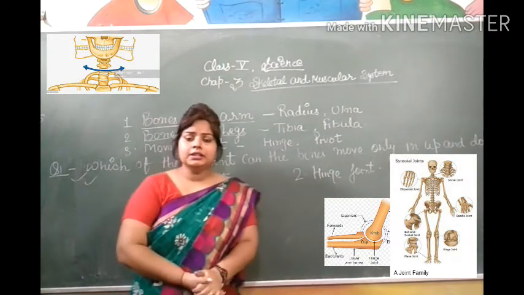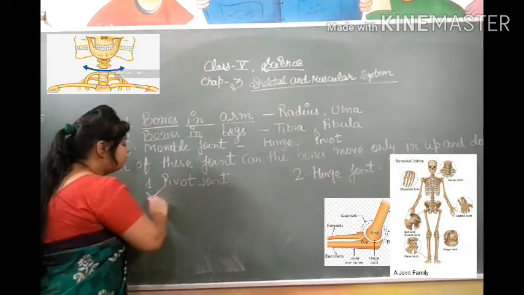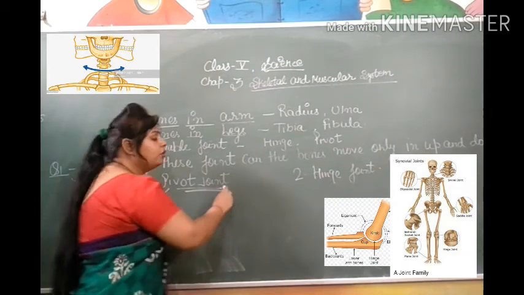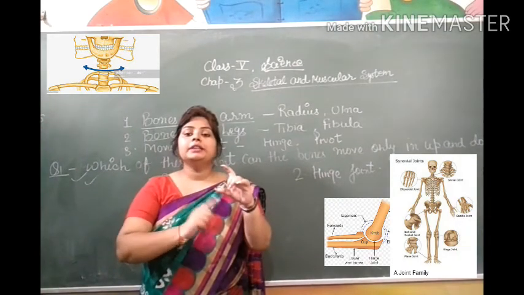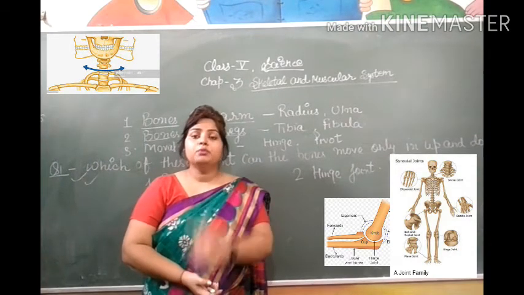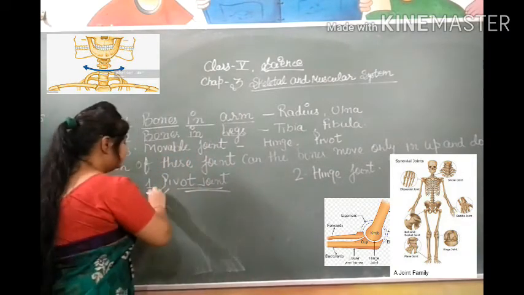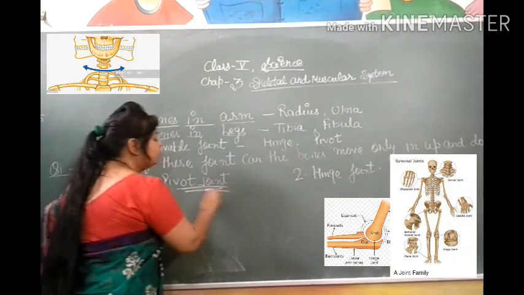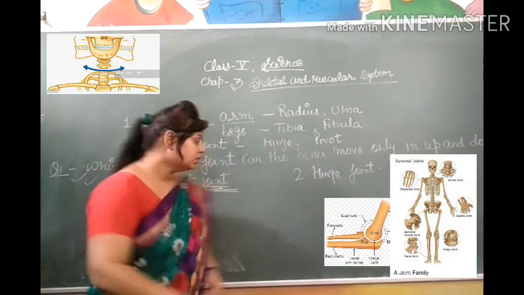Is it the right answer? No. The right answer is pivot joint. Pivot joint has a rod-like structure attached with a ring-like structure that allows the movement. So obviously students, pivot joint is the correct answer.